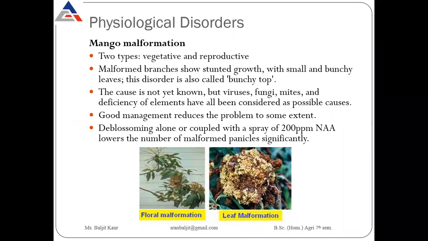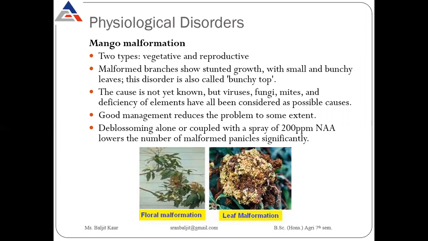The vegetative type attacks the leaves and the twigs of the mango trees, and there will be bunchy tops of the leaves. If we talk about the reproductive type of mango malformation, it affects the panicles, right?